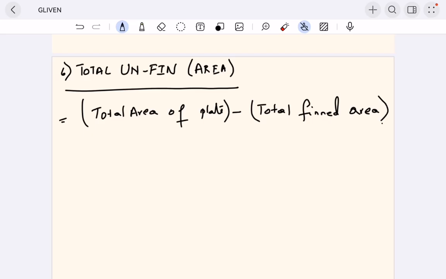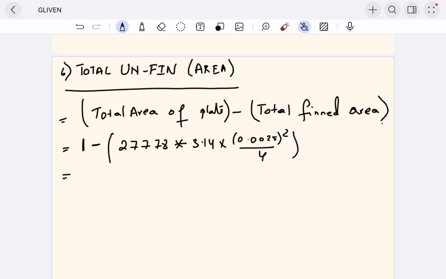So pi d square by 4. So the total area of the plate, we are considering it as 1 as given in the question, minus the number of fins 27,778 times the area of one fin, pi, that is 3.14, times the diameter square 0.0025 square divided by 4.